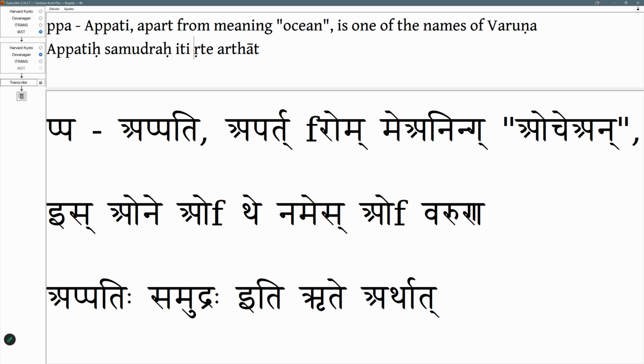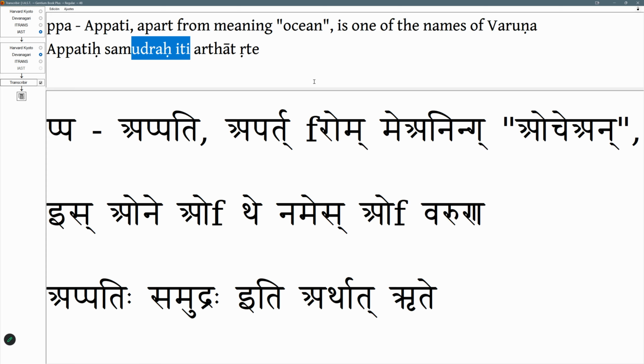Samudra iti, ocean, in quotation marks. Iti means quotation marks. Arthat, ablative case for meaning, artha. Arthat, you can tell me, are you sure?